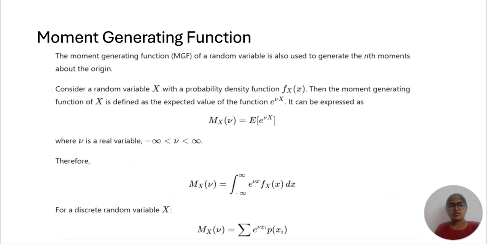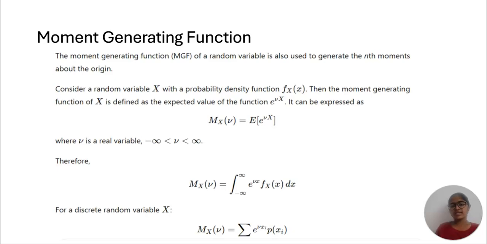Let us discuss the moment generating function. The moment generating function, MGF, of a random variable is also used to generate the nth moment about the origin. Consider a random variable x with a probability density function f x of x. Then the moment generating function of x is defined as the expected value of e power v x.